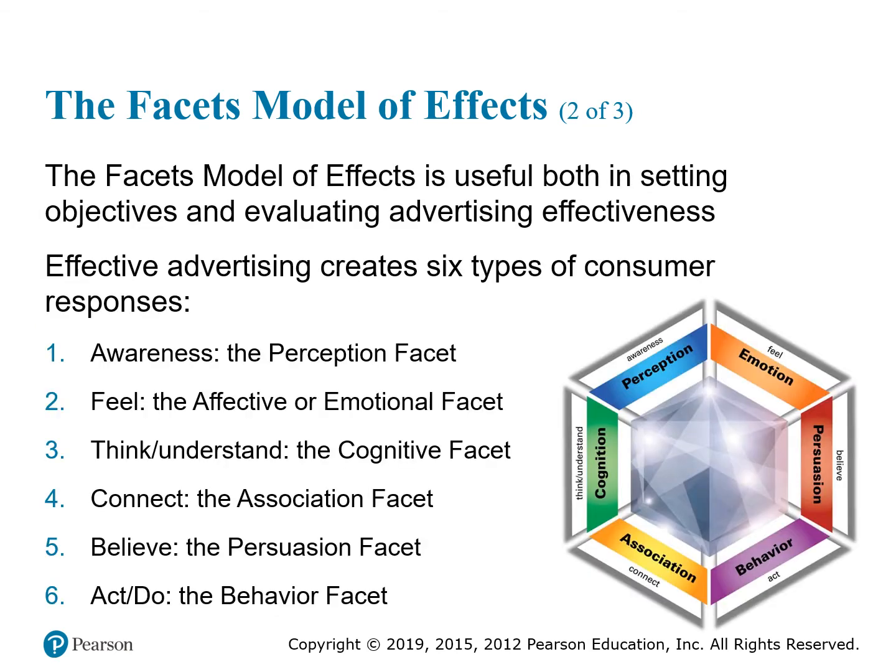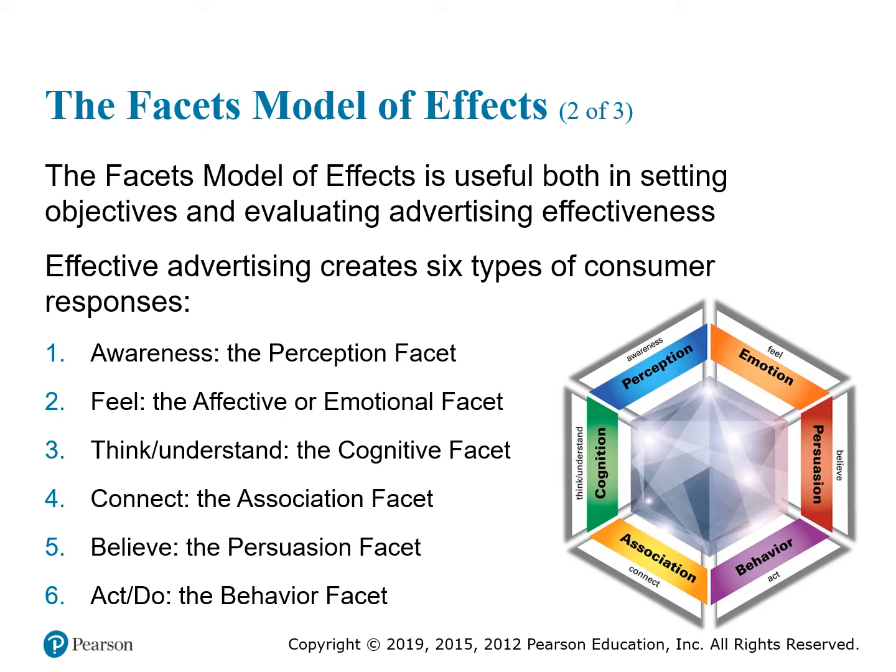There's a facet model that we're going to be coming back to a lot during this semester. But here it is on the right. It is useful both in setting objectives for an ad and advertising effectiveness, but also in evaluating the effectiveness of the ad. So, six types of consumer responses.